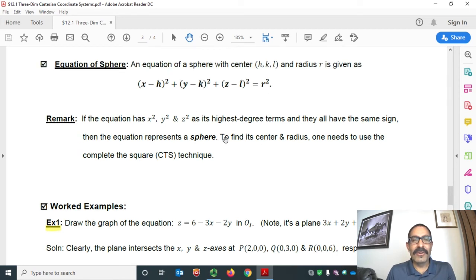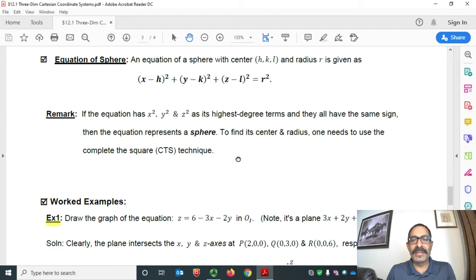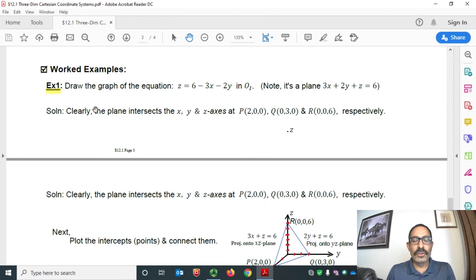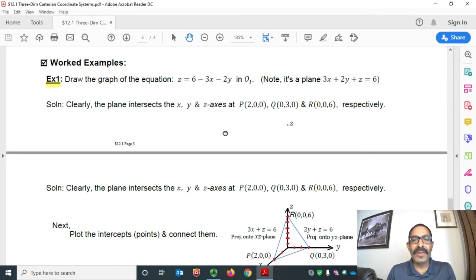Now with this theory, let's do some examples. Example 1: draw the graph of the equation z equals 6 minus 3x minus 2y in the first octant. By the way, it's a plane, 3x plus 2y plus z equals 6.